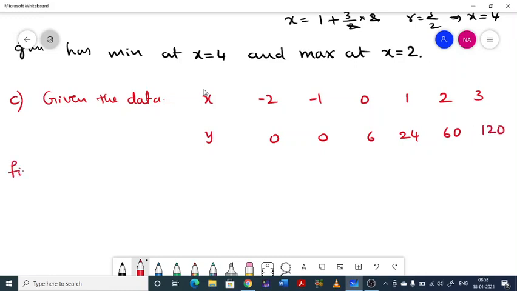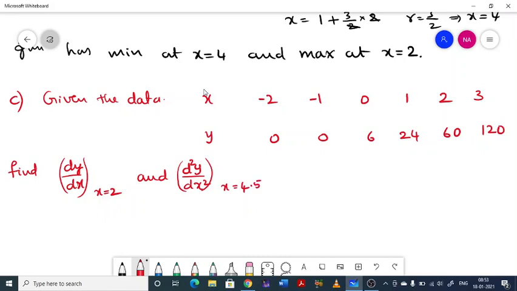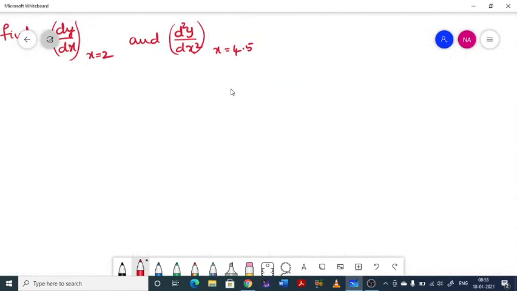Find dy by dx at x equal to 2 and d square y by dx square at x equal to 4.5. Now let us write the difference table.